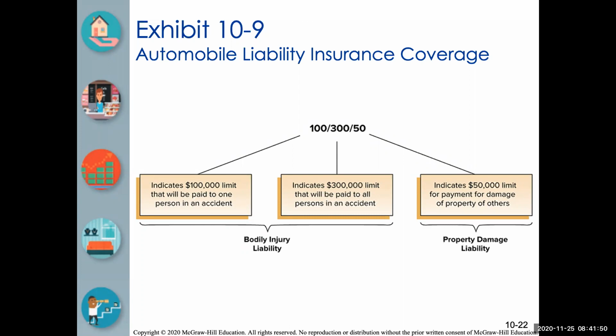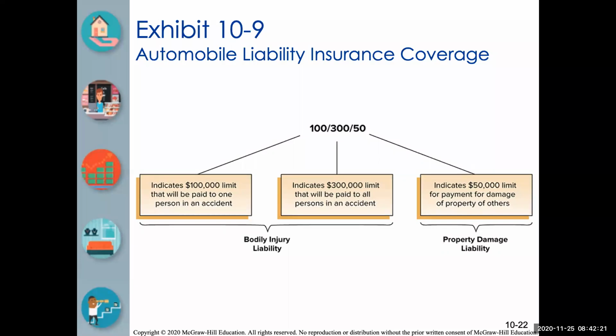So we have bodily injury, maximum amount payable to one individual, and then maximum amount payable in total to all persons in the accident. So 100, 300. And then we have the third component, the 50. And this relates specifically to property damage. So we have a $50,000 limit that the insurance company would pay out for the damage to other people's property.